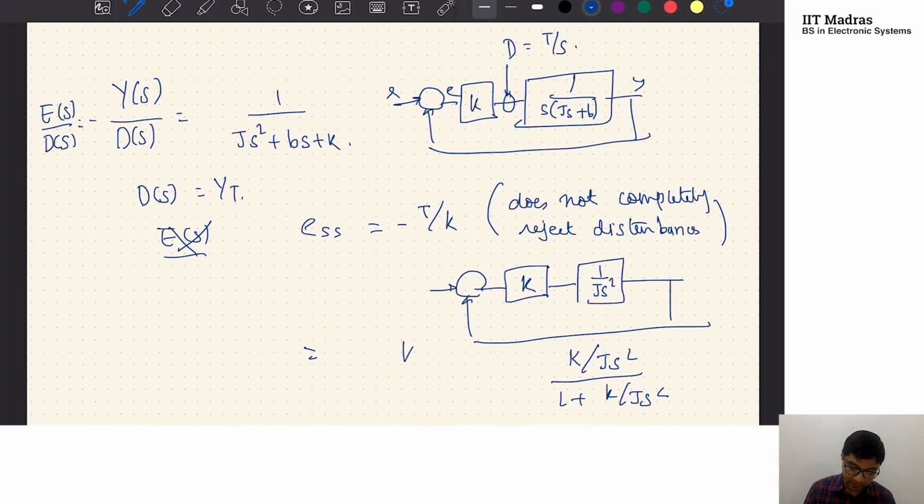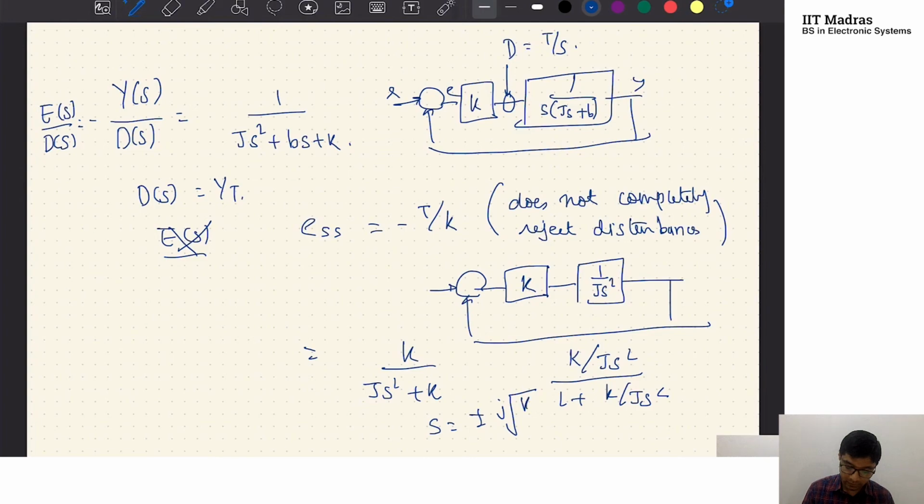This is k over Js squared plus k, which means I now have roots at plus or minus the square root of k over J. So I just have purely imaginary roots.